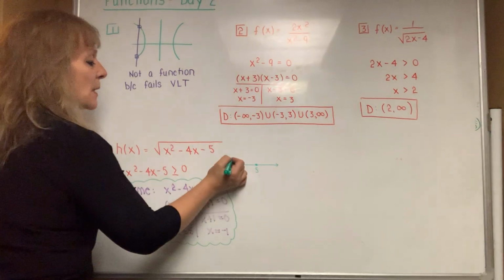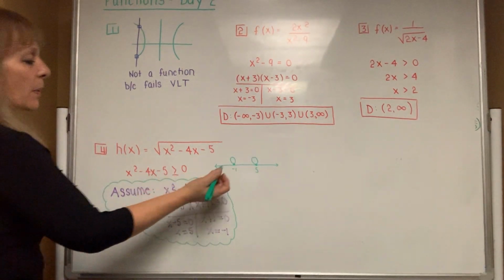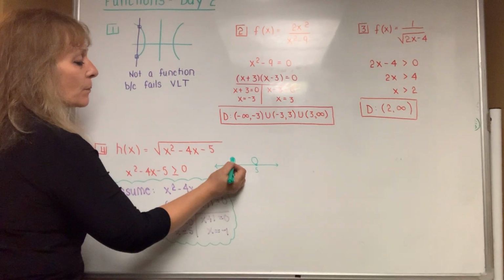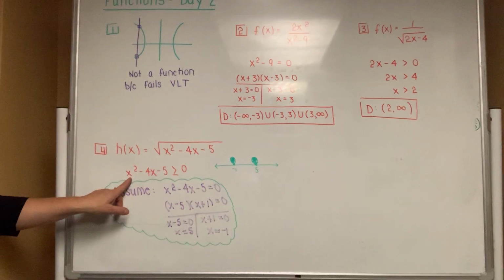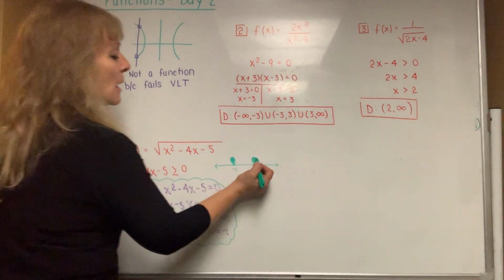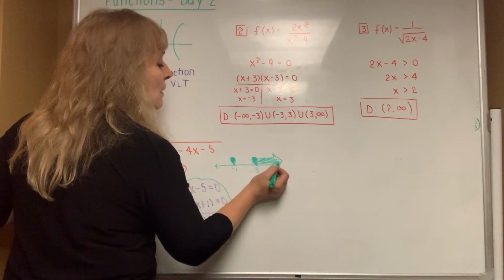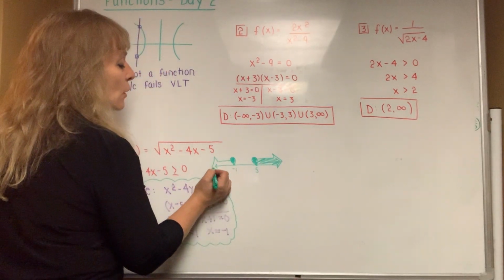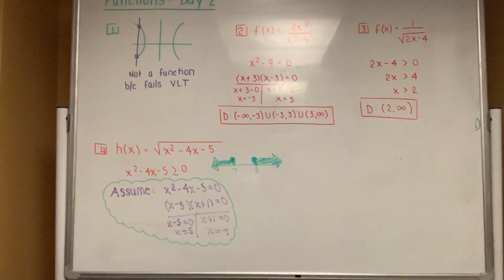Both of those values get open circles, but because of the or equal to bar, they both get filled in. And we did go over the rule that if you have a quadratic that's greater than 0, you are automatically going to shade on the outsides. So this is a graphic solution of the answer for the domain of the function.